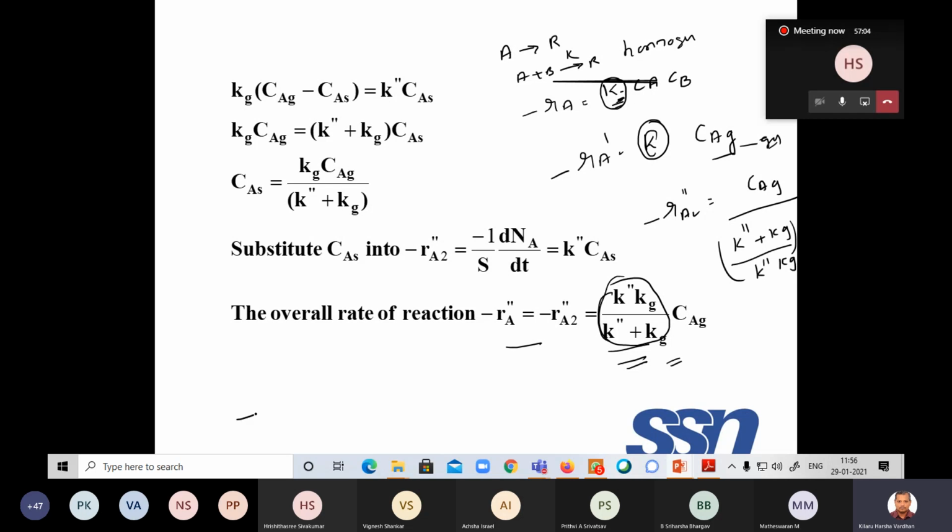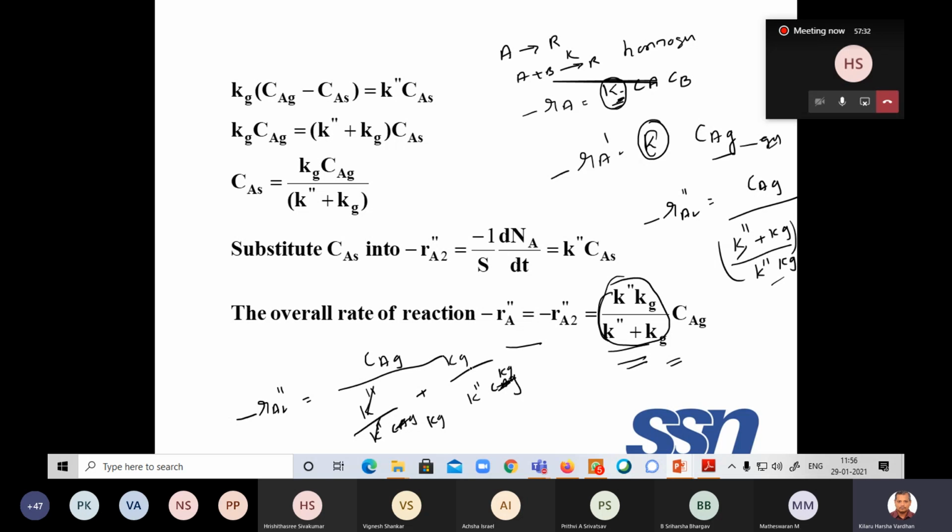Now again, minus Ra2 prime is equal to CAG divided by K prime plus Kg divided by K prime Kg.